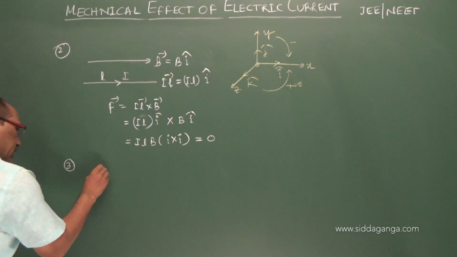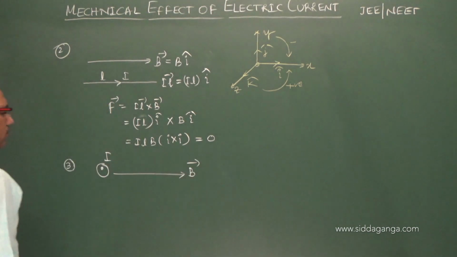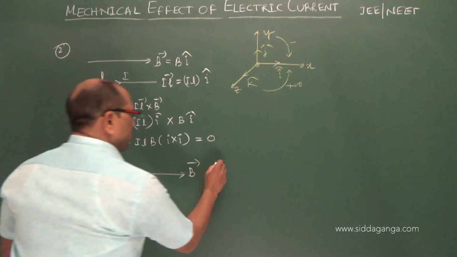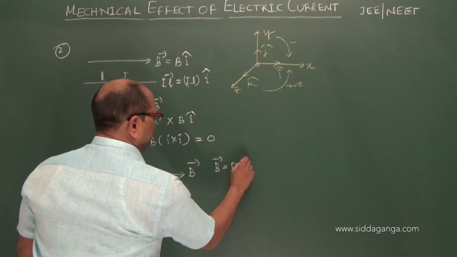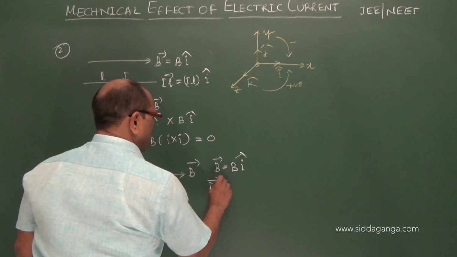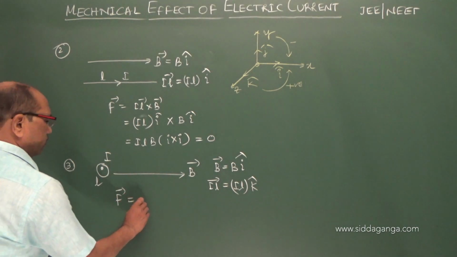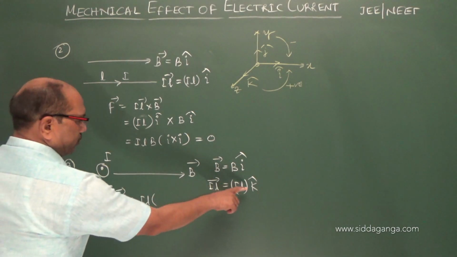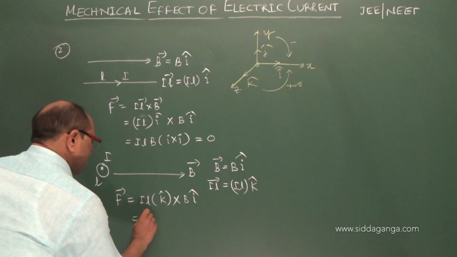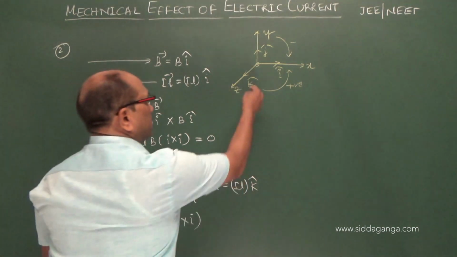Let us come to the third one. The current is perpendicular to the magnetic field. The field is in this direction, and the current is outward, of length L. Now B is BI along the x direction. Current is outward, meaning along K, so IL can be written as IL into K. Now what is the force? IL into K cross BI gives ILB into K cross I. What is K cross I?